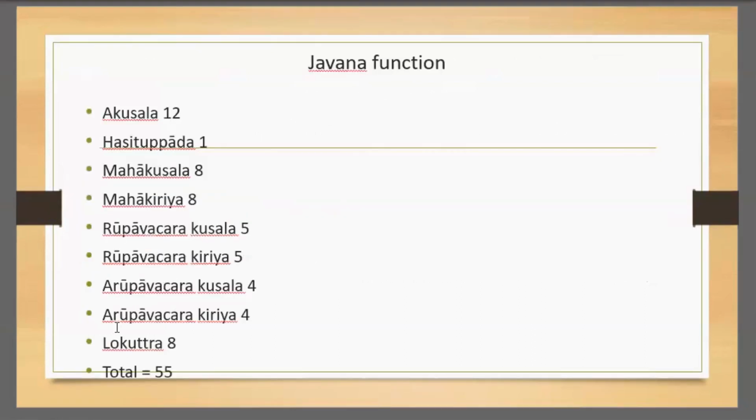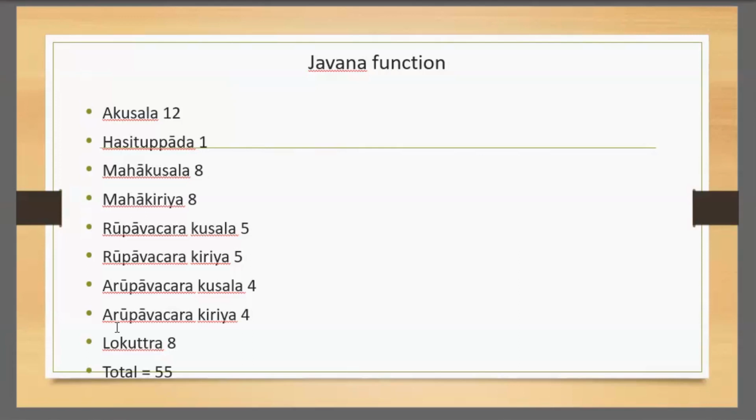Then Javana function. How many Javana Chittas? There are 55 Javana Chittas. Javana means those Chittas have double strength or power. Each and every Chitta has the same lifespan: rising and passing away.